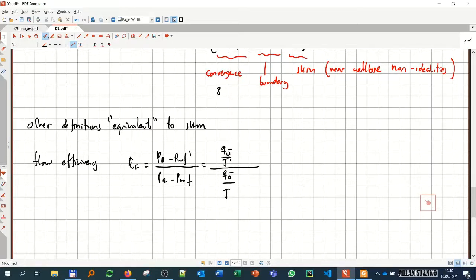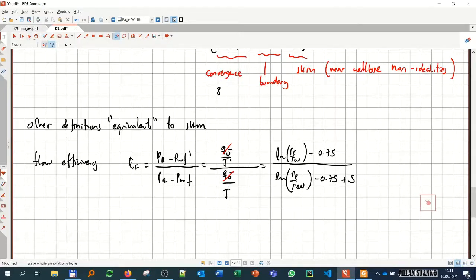Then these two go away, and I end up with the actual J. And if you remember, the difference between the two J's is almost the same, except for S.